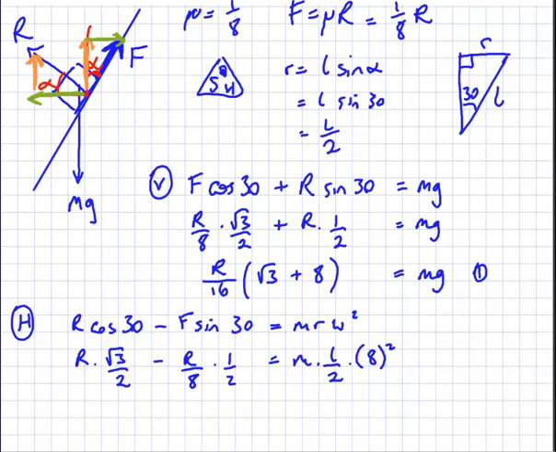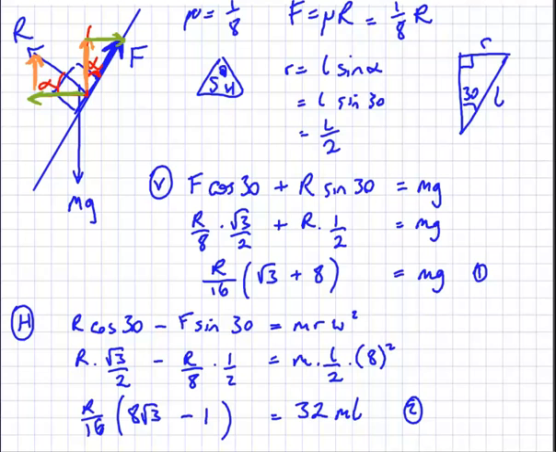If we tidy up that expression, again taking out R and 16 as the denominator factor, we get R over 16, brackets 8 root 3 minus 1, is equal to 64 over 2 lots of mL. We'll park that as a second equation.